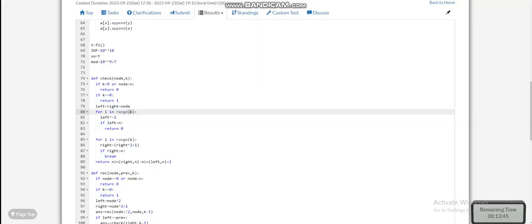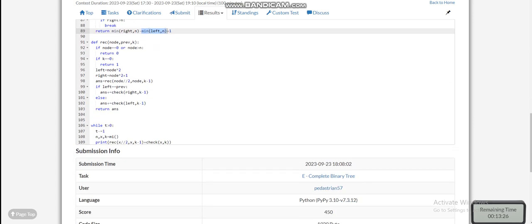And similarly we go to the rightmost level, and we take the minimum of right comma n minus the minimum of left comma n. This is not needed, you can directly do left, because if left is greater than n, we are already returning 0. So instead of this, you can write left plus 1. Okay, I hope you got it.